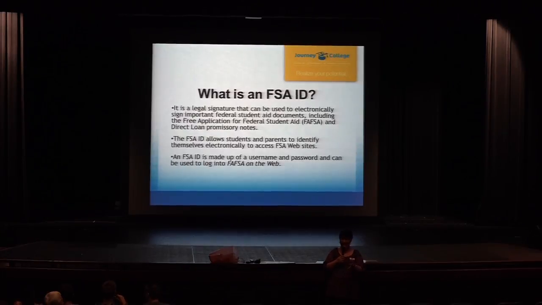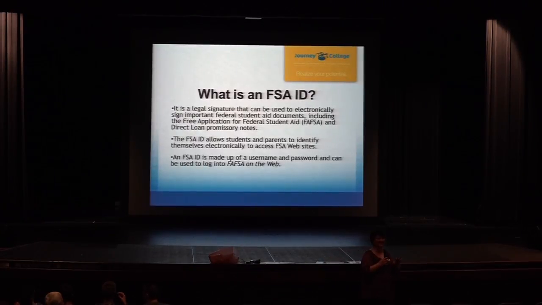Okay, there's some that have not, so bear with me because this is a process. And we're finding that nationally, this is becoming an issue. And there are a few reasons why. In your packet, you're going to find those two pieces of paper that discuss the FSA ID. I encourage you to go over those even after we talk about it a little bit.